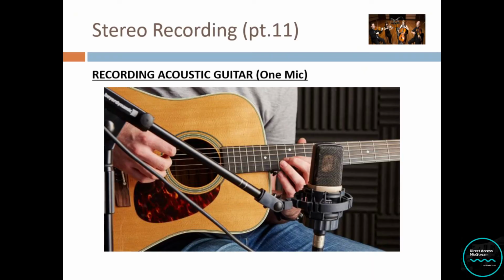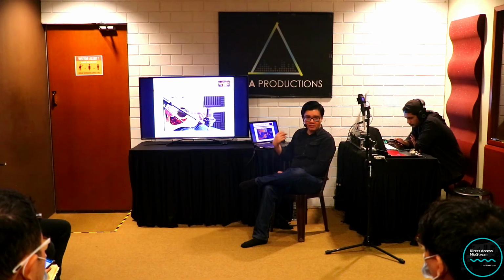With one mic, it's very straightforward. You can always experiment, either putting it in cardioid, a figure of 8, or using an omni microphone, and just pick the best sweet spot for capturing the acoustic guitar. So with one mic, it's very straightforward.